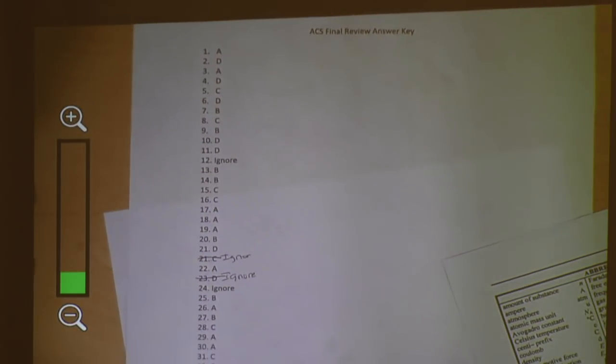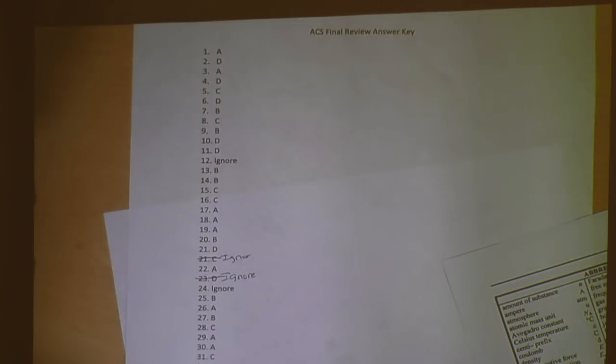And number 21 is also ignore. Yes. I'll post it right after this. But this is the answer key.